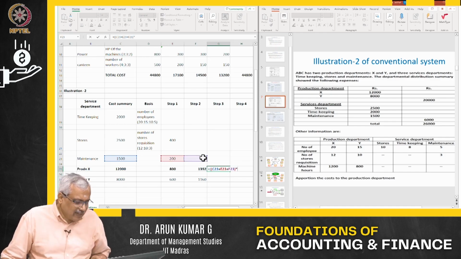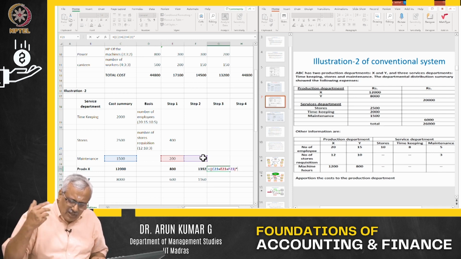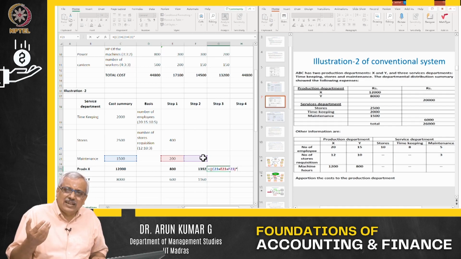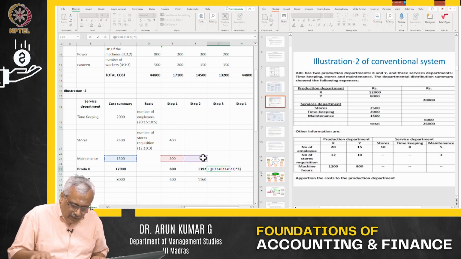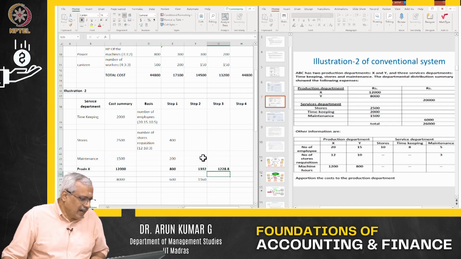On what basis? Maintenance is related to machine hours. What is the machine hour? 1200 is for X and 800 is for Y. So, that is basically 12 is to 8, 4 2s are 8, 4 3s are 12, that is 3 is to 2, 3 divided by 5 in this particular case, and that is exactly what we have got here.